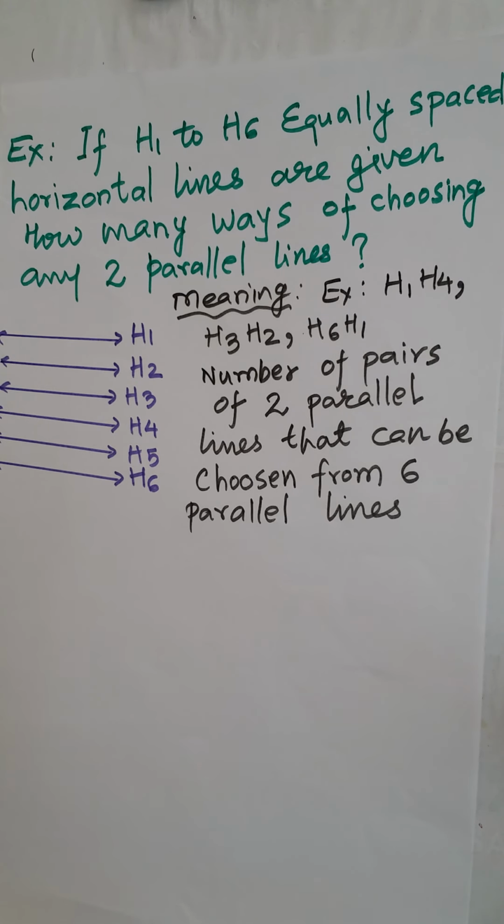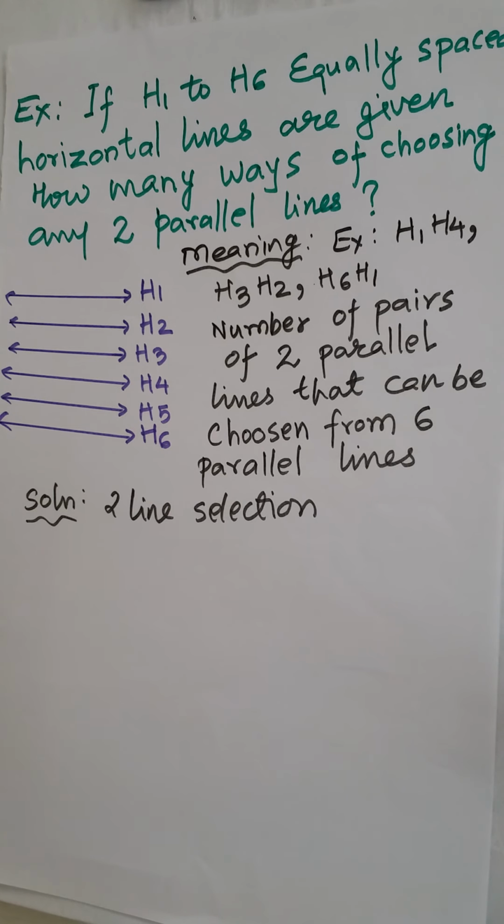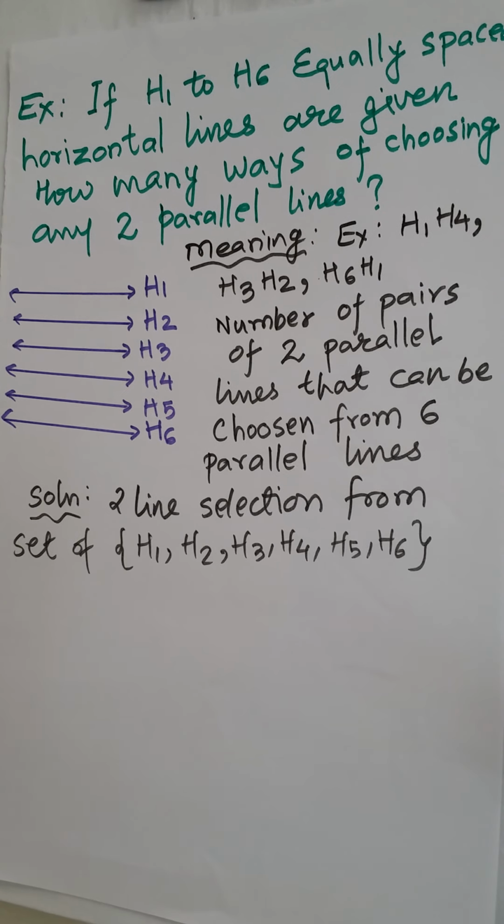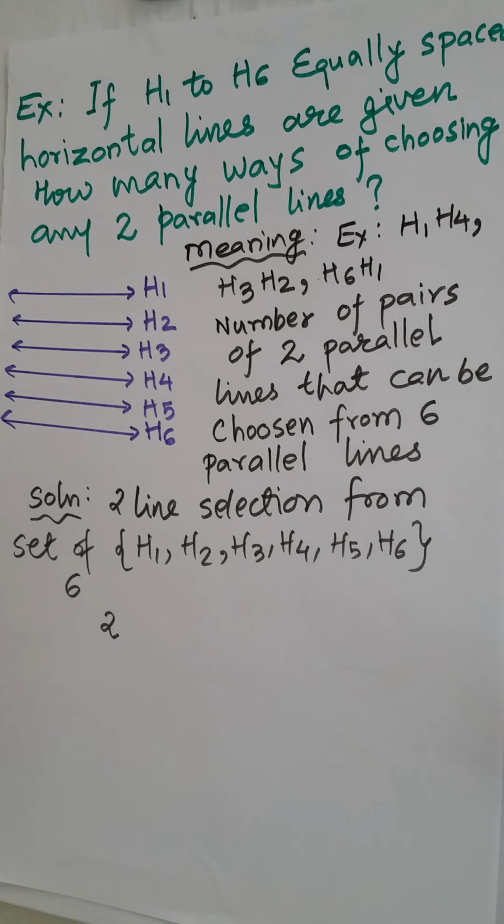So the solution is two line selection from a set of 6 parallel lines h1 to h6, which from the concept of combinations is what? 6P2 or 6C2.